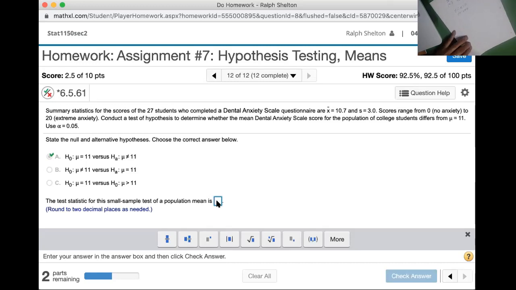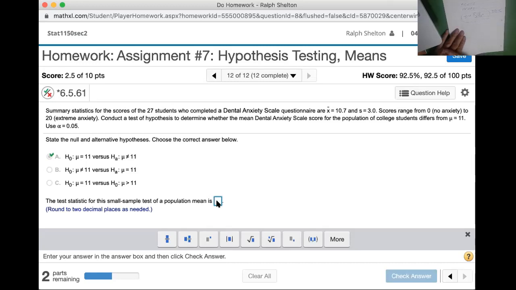When it says test statistic, it's a t, and it wants the value of it. The formula is t equals x bar minus mu naught over the standard error of the x bars. We've got x bar 10.7 minus mu naught, which is 11, divided by the standard error.